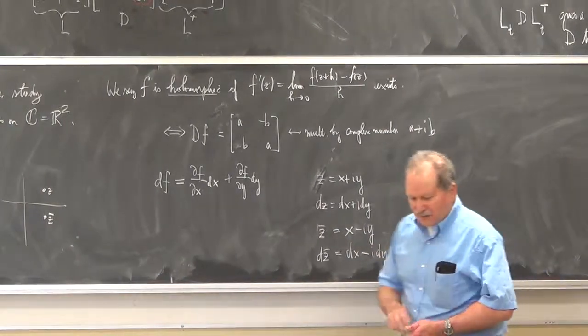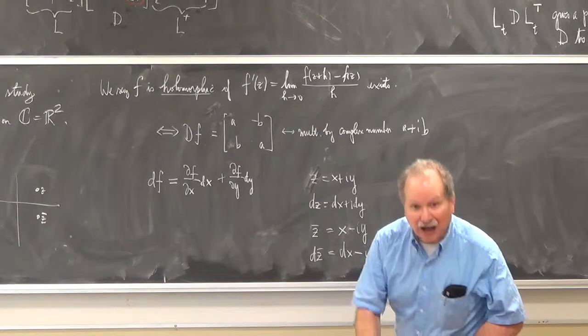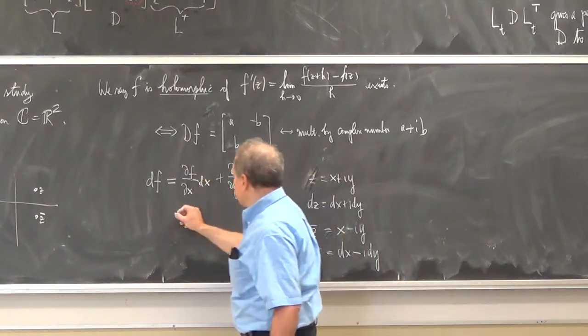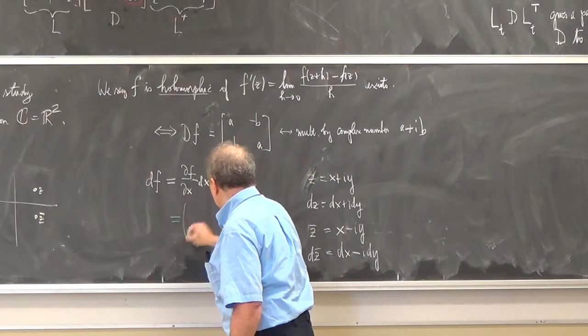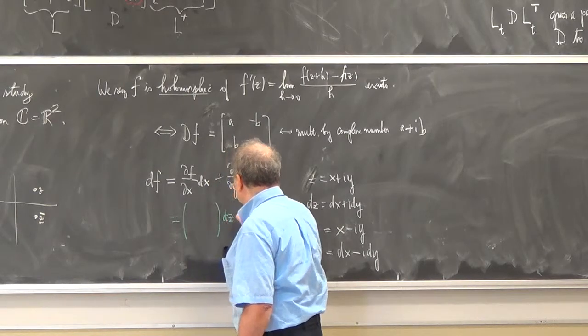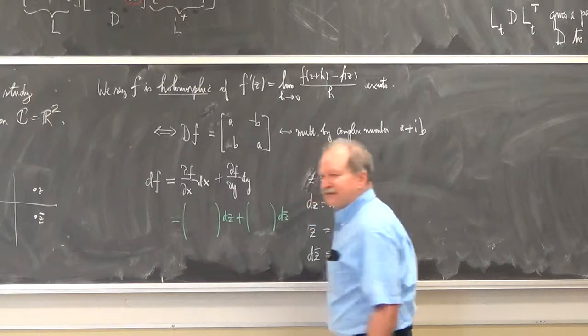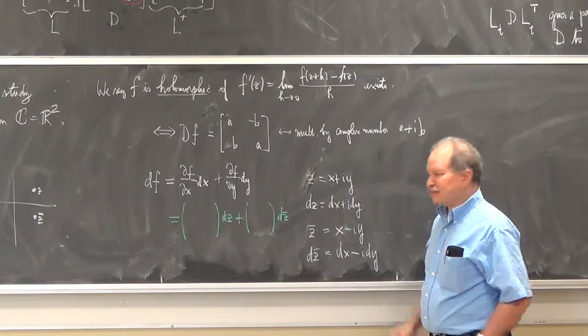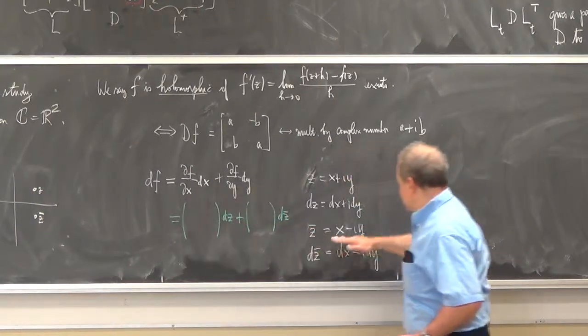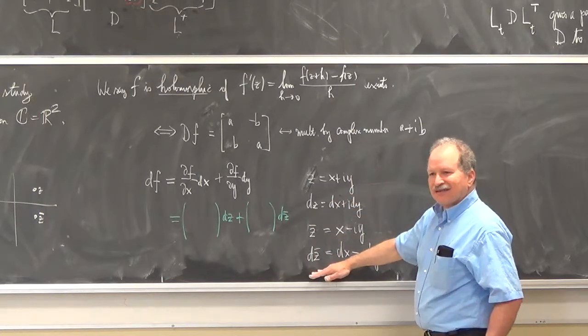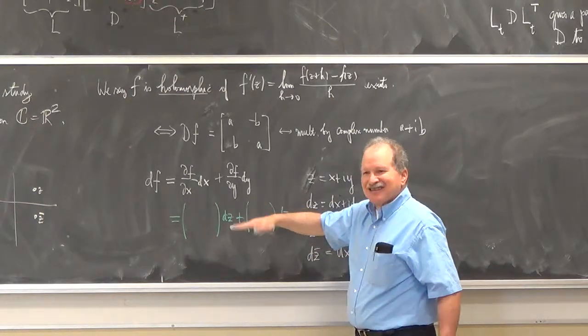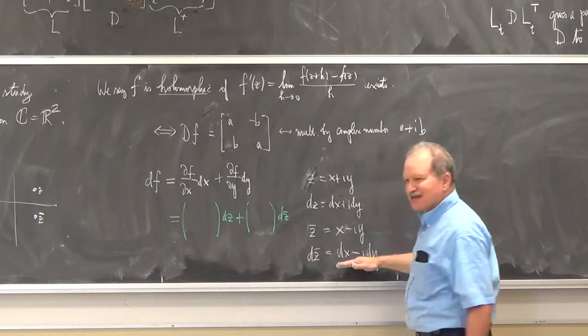And to save a few minutes, I'm going to skip the algebra here. You could rewrite this as something or other times dz plus something or other times dz bar. Right? Just substitute what dx is in terms of these. And substitute, it's a change of basis. Substitute what dy is in terms of these.